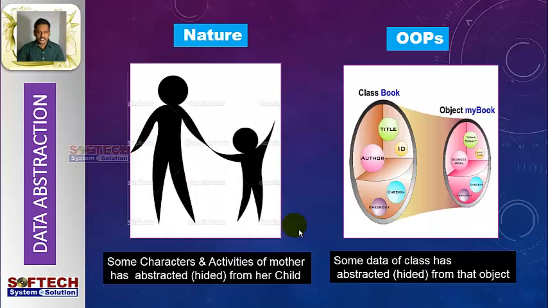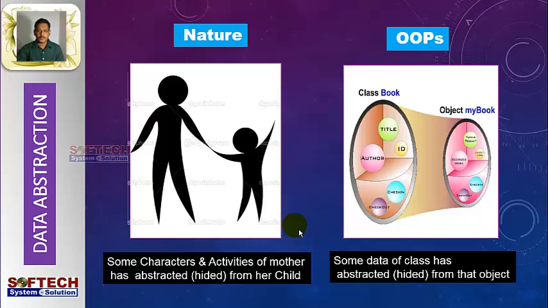Data abstraction. All object-oriented concepts are based on the style of nature. Nature has some classes, and based on those classes, objects are created. But we are using those objects.